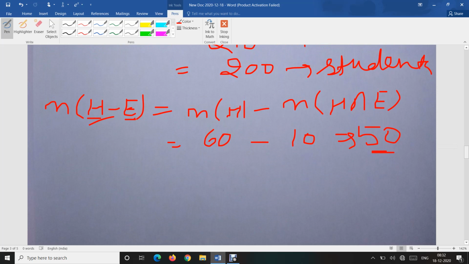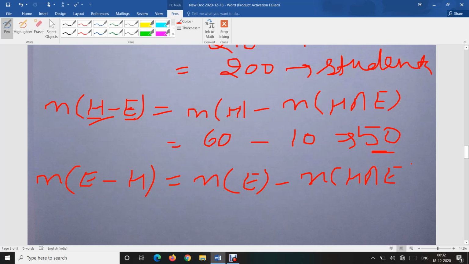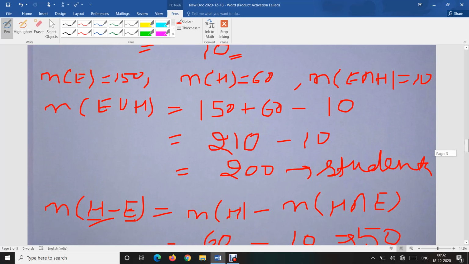Now the next is how many speak English only. This time we have to find only English. That means we have to subtract from English. So we have n of E minus H, which will be n of E minus n of H intersection E. What is the value of n of E here?